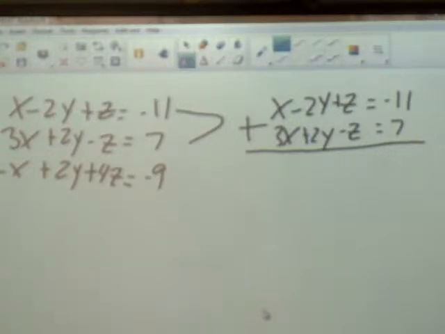Wait, wouldn't the z's cancel off since there's a positive and a negative? That's what, this is a 2-for-1 special. That's why we like this. So it's just going to tell you what x is. You can solve it for x. It's not 18.